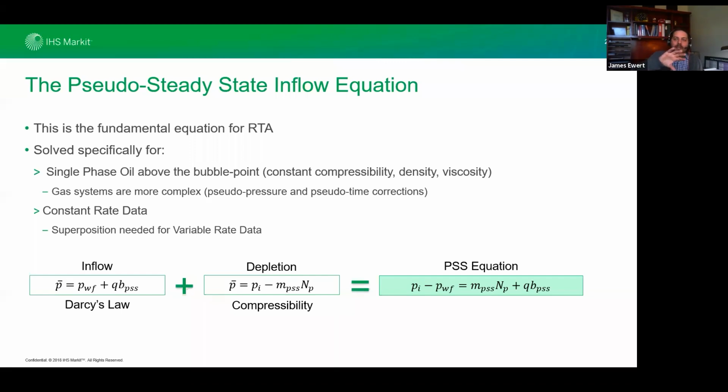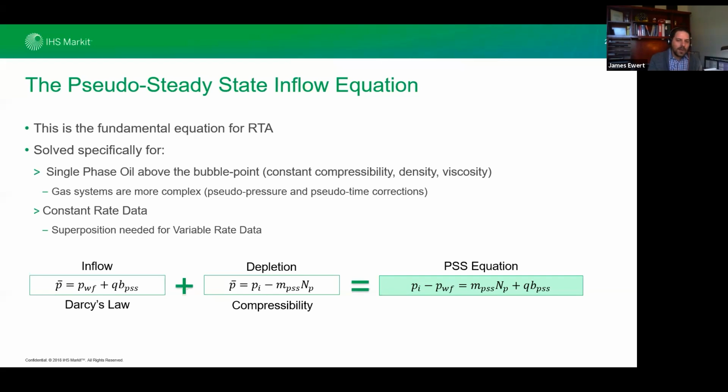We take the solutions that we develop for oil, and then we apply a pseudo pressure and a pseudo time to the gas data in order to make these methods work with that gas data. Because remember, with gas, the compressibility and the viscosity are so volatile. So what we need to do is control it, make it sensical, so that it works with these original tools that were developed for single phase oil above the bubble point.